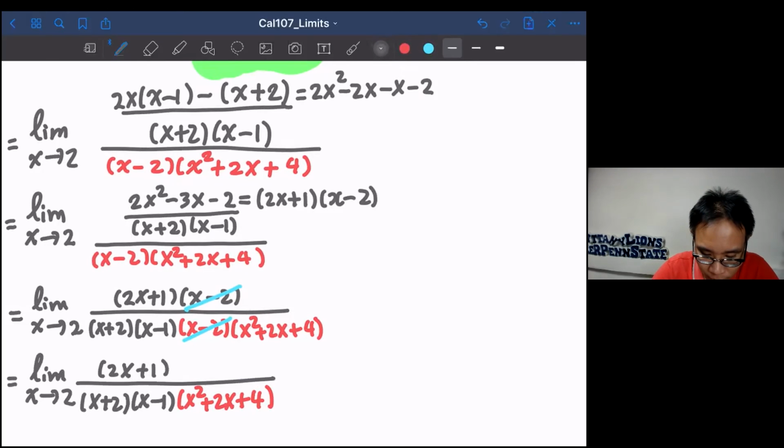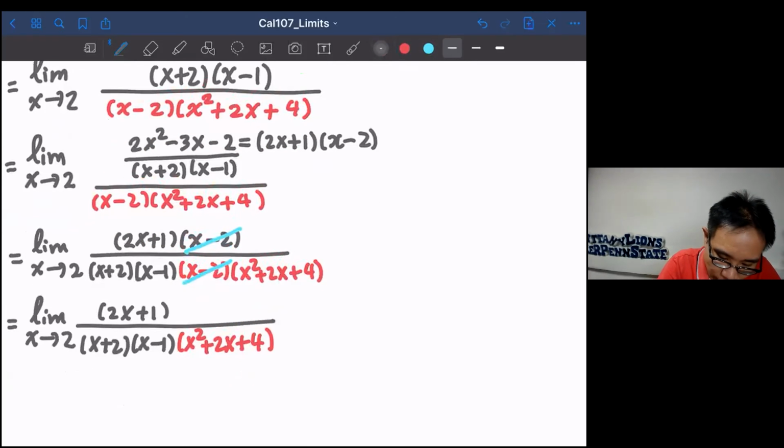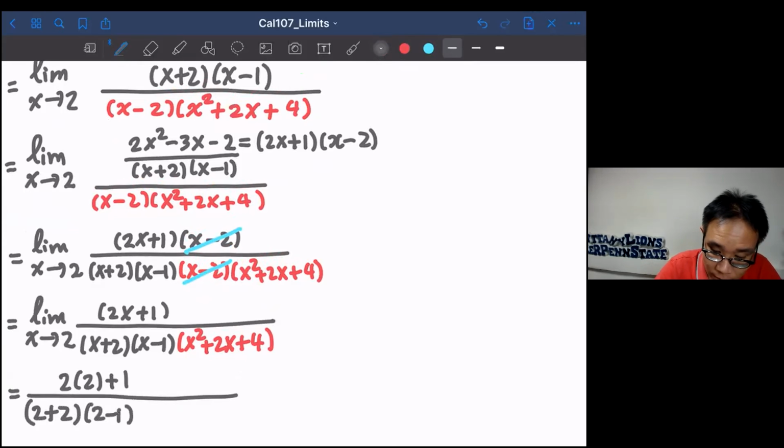So you get rid of x minus 2 on top and x minus 2 on the bottom, which caused the problem. Then this is 2 times 2 plus 1 over 2 plus 2, 2 minus 1, and 2 squared plus 2 times 2 plus 4.